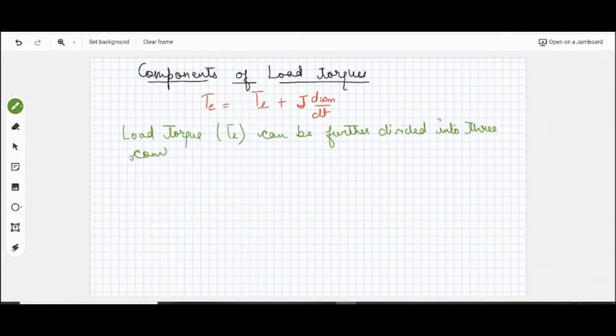Three components means this T_L comprises three components. Which are those components? They said that it is made up of the friction torque.